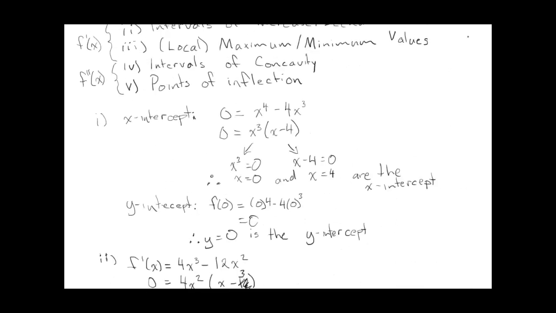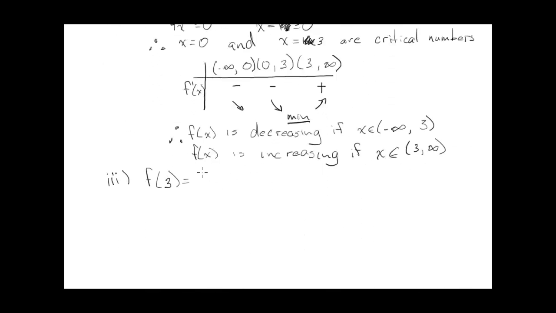Going back to the original function, that would be 3 to the power of 4 minus 4 times 3 to the power of 3, which would be 81 minus 4 times 27, or 81 minus 108, which would be minus 27.